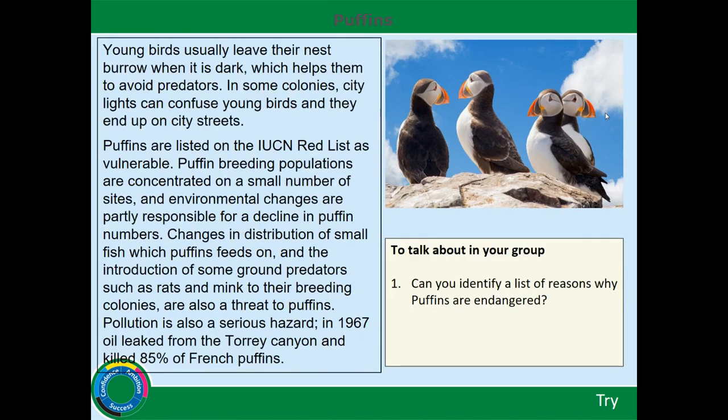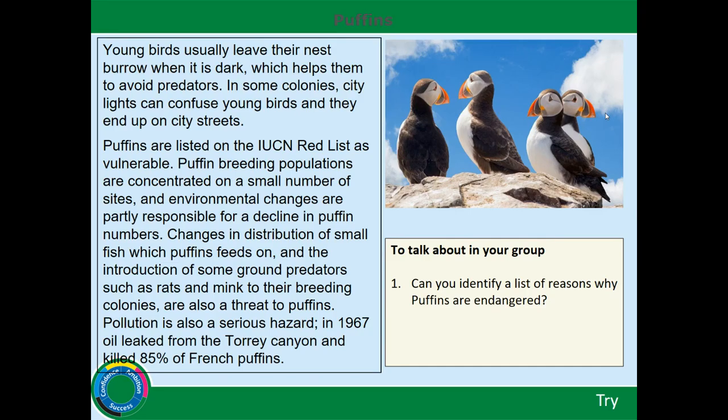Young birds usually leave their nest burrow when it is dark, which helps them to avoid predators. In some colonies, city lights can confuse young birds and they end up on city streets. Puffins are listed on the IUCN Red List as vulnerable. Puffin breeding populations are concentrated on a small number of sites, and environmental changes are partly responsible for a decline in puffin numbers.